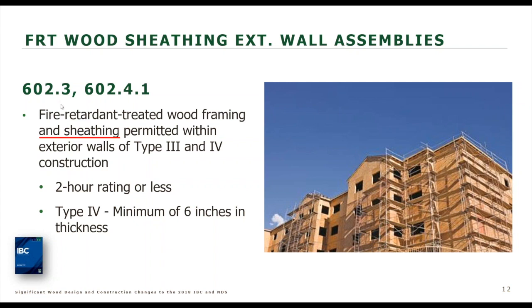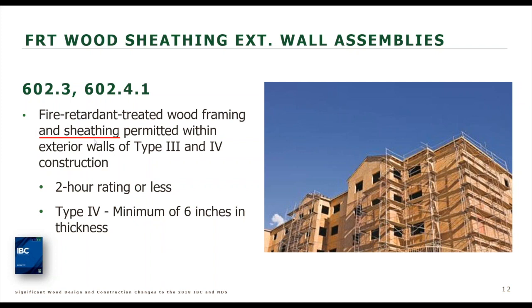In 602.3 and 602.4, having to do with type 3 and type 4 construction, it requires non-combustible exterior walls. However, it does allow fire retardant treated wood to be used as a non-combustible material. And so when there's a statement that says that fire retardant treated wood framing is permitted to be used in these exterior walls, well, now the code says wood framing and sheathing.